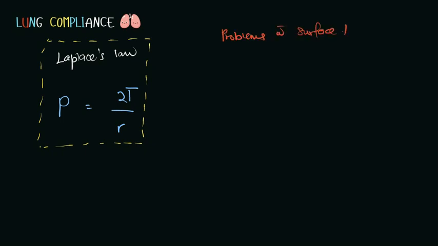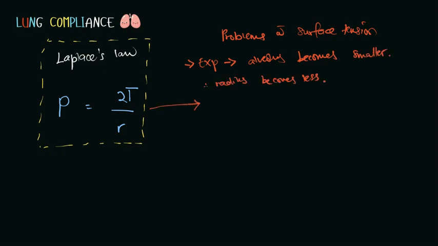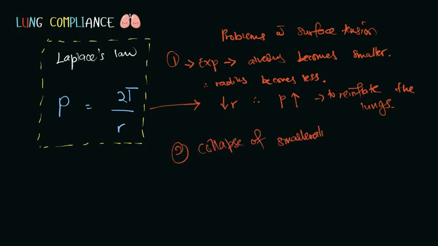Now let's see how surface tension causes a lot of problems in the lungs. Number one, in expiration, the alveolus will become smaller, and the radius will become less. Obeying Laplace's law, when radius is reduced, a greater transpulmonary pressure is needed to reinflate the lungs, provided the surface tension remains the same. Number two, there will be collapse of some smaller alveoli into the bigger alveoli.